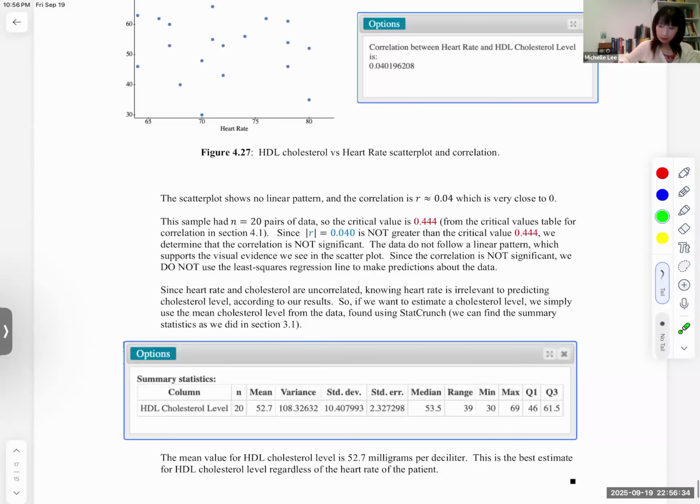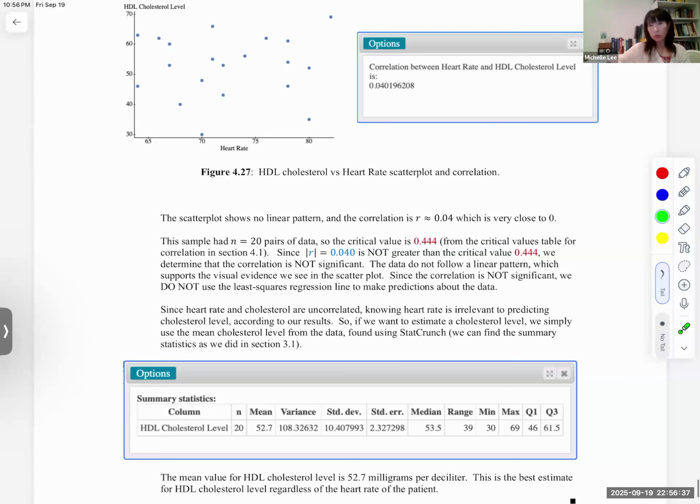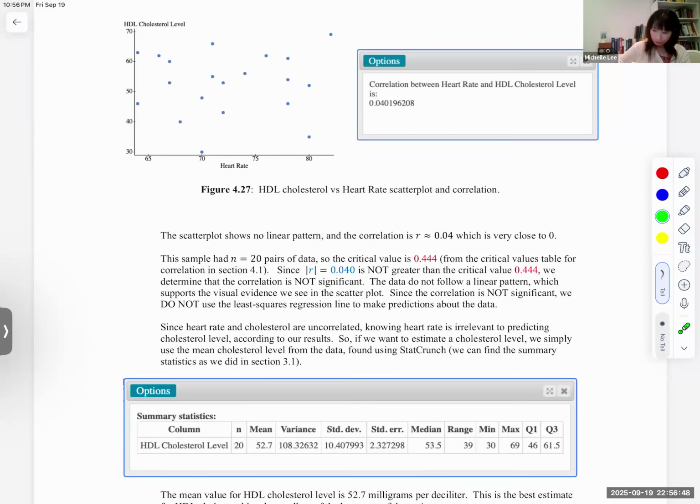In that case, we cannot draw the regression line and we cannot find the equation. All right? So not significant. Make sense? Okay. Any questions? So do not use a regression to predict about the data. All right. Okay. Thank you for watching. See you in the next video. Thank you. Bye.